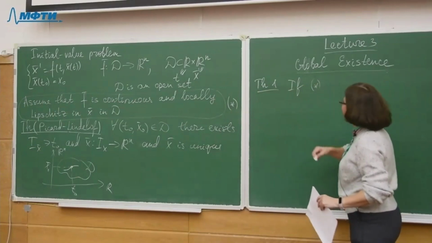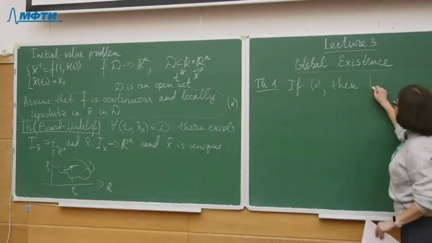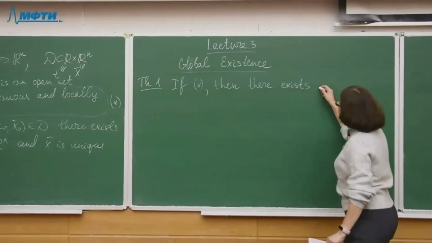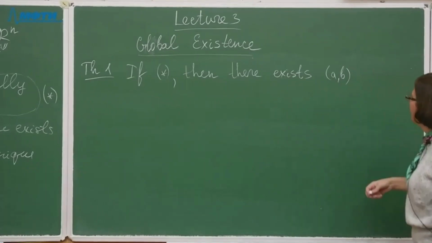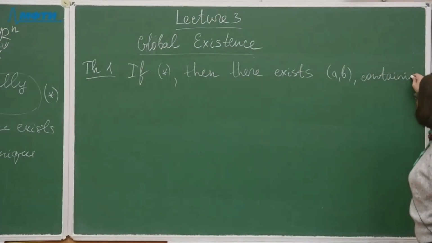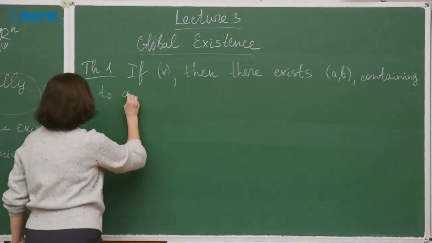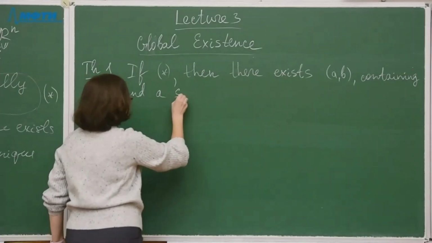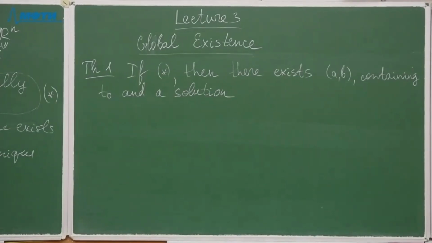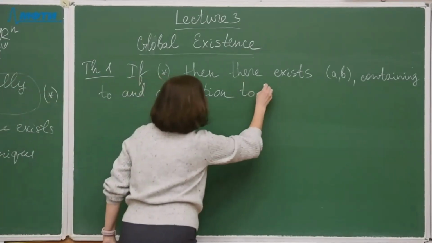If this is true, then there exists the interval AB containing t0 and a solution to the initial value problem, let it be equation number 1, a solution to 1.